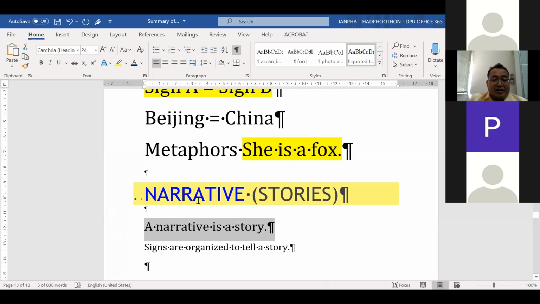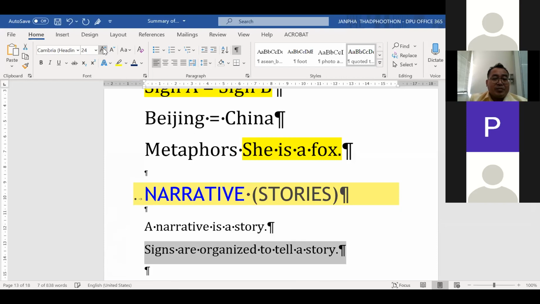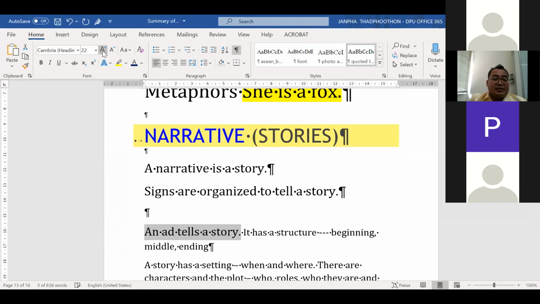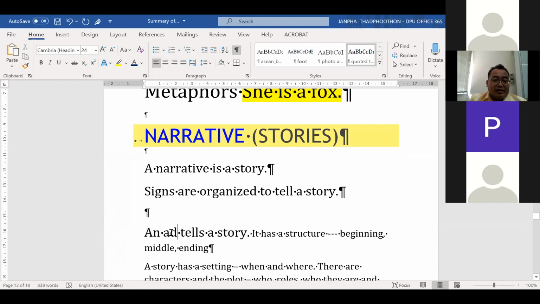So a narrative is a story. Signs and symbols are organized to tell a story, for example, an advertisement.